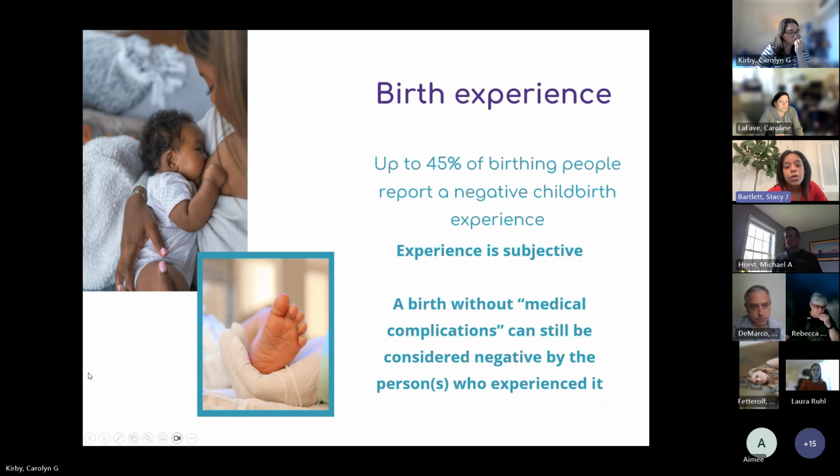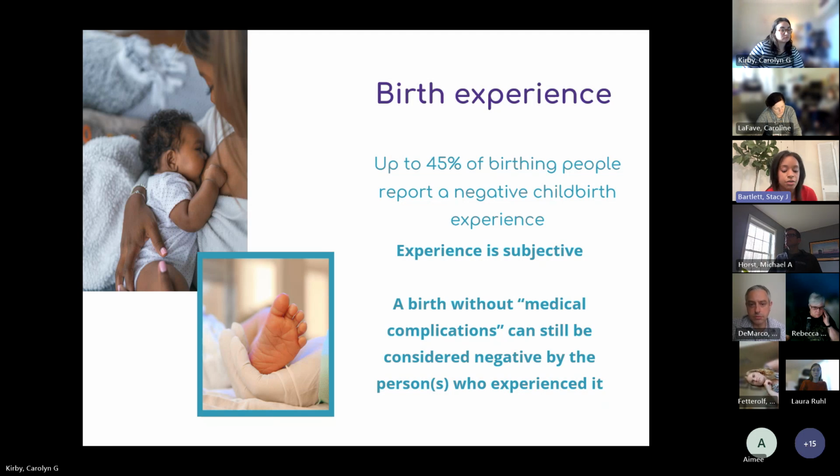Okay. So up to 45% of birthing people report a negative childbirth experience. An important thing for us to keep in mind is that experience is subjective. Just because it's not in the chart as a medical complication, or doesn't fall into what we would conceive of as a medical complication, does not mean that there was not a negative experience. The person who experienced it may still have felt that there was a negative experience.